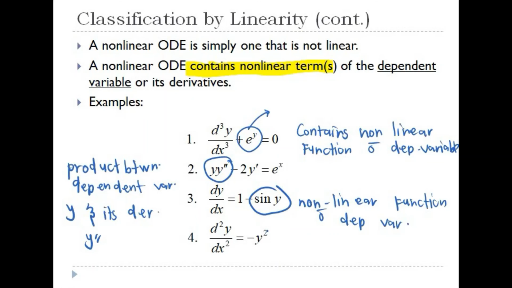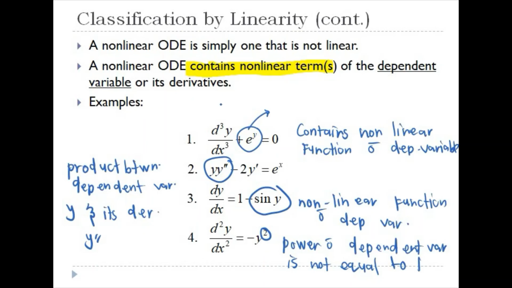For the fourth case, the power of the dependent variable y is not equal to 1. So all of these examples are nonlinear ODEs.